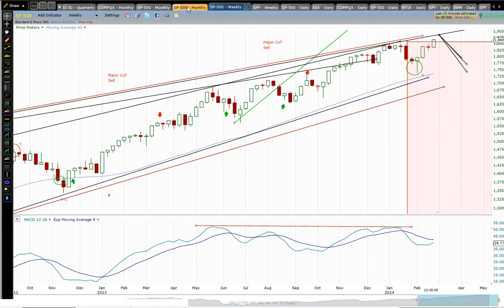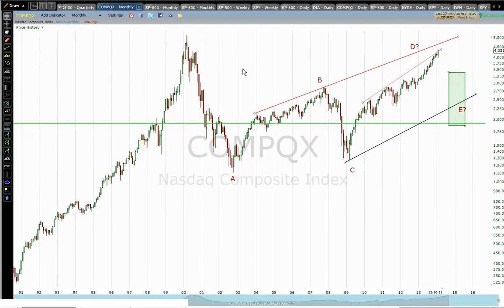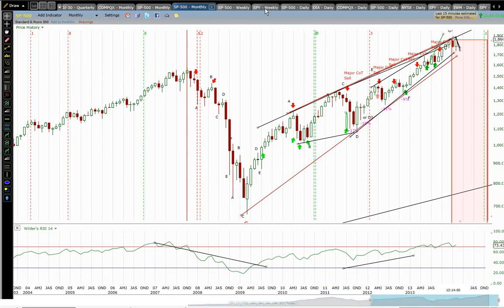Now, moving to a longer term time frame, I'm going to show a couple charts. One is going to be the Nasdaq, and similar comments would apply for the S&P 500. Actually, maybe let's look at the S&P 500 here.